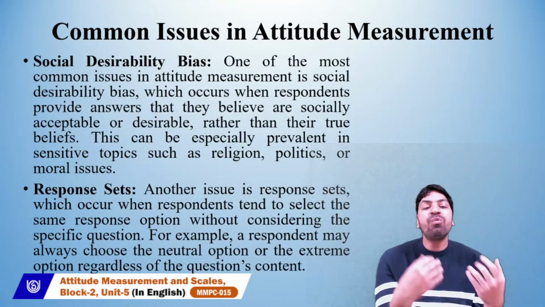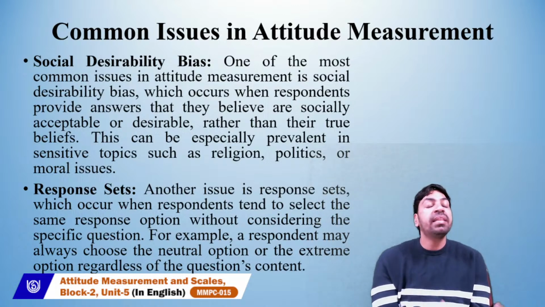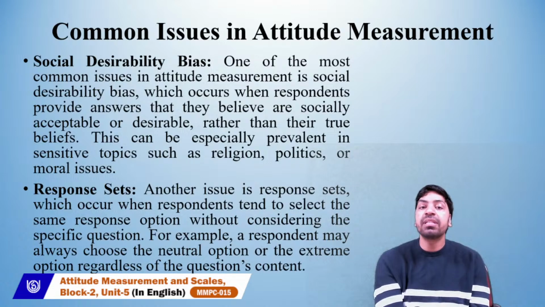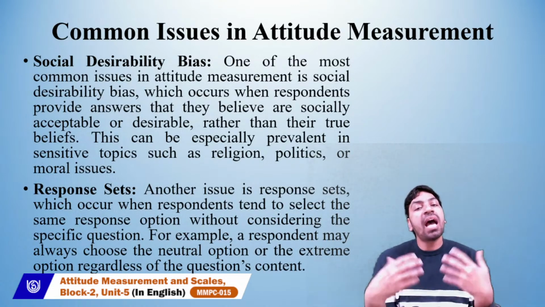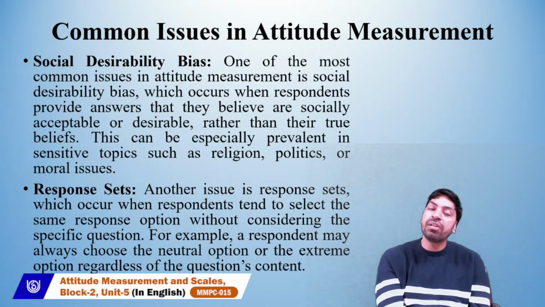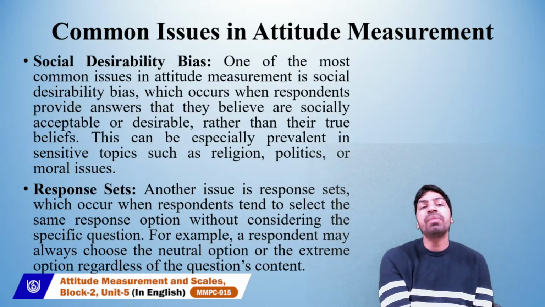So whatever responses are received from respondents are not exactly portraying their true beliefs. Whatever answer they provide, a researcher has to consider whether it is socially acceptable or desirable or not. So that bias becomes an issue in attitude measurement.